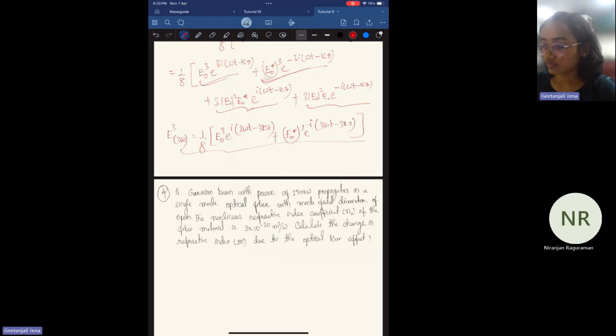You just need to incorporate these two terms. So P_NL at 3 omega is epsilon chi cubed by 8 times E0 cubed e to the power i(3 omega t minus 3kz) plus the complex conjugate part, which is E0 star cubed e to the power minus i(3 omega t minus 3kz).